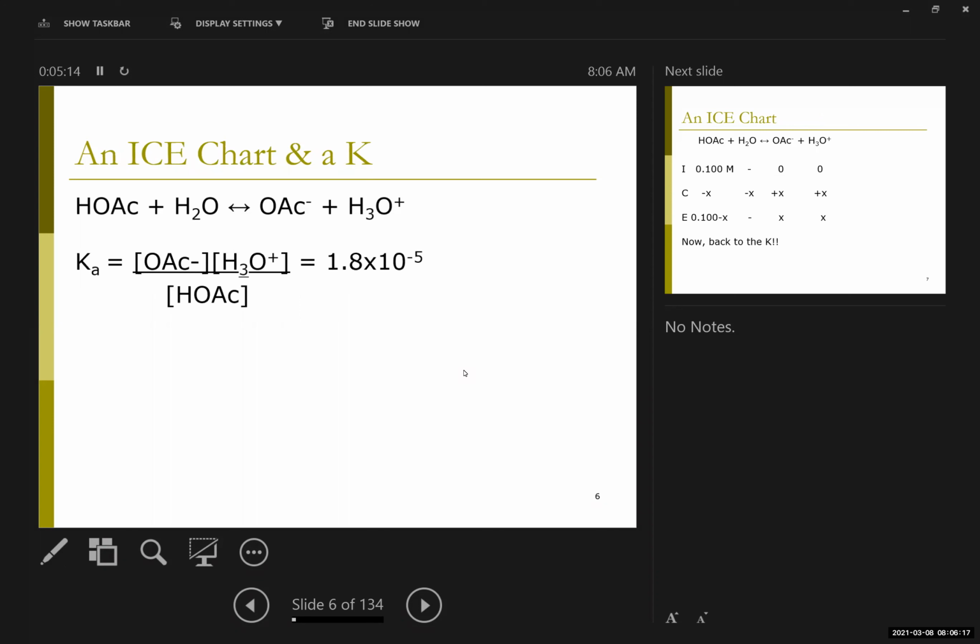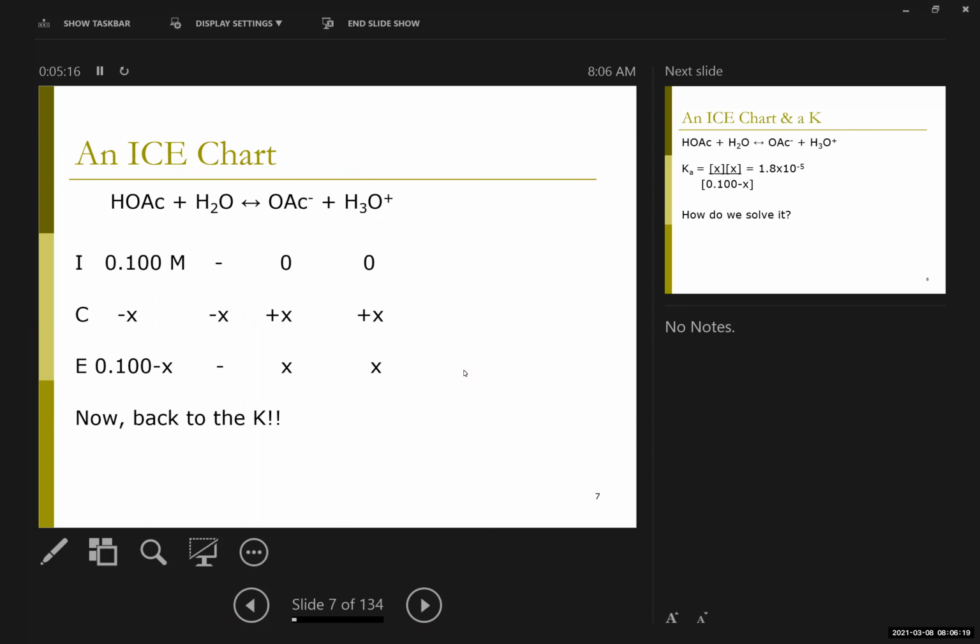The K was known. If I do my ice chart, it looks very much like every acid and base ice chart we've been doing. I have an initial concentration of the acid. The change line is always just minus X, and plus X. Good old I plus C is always E.